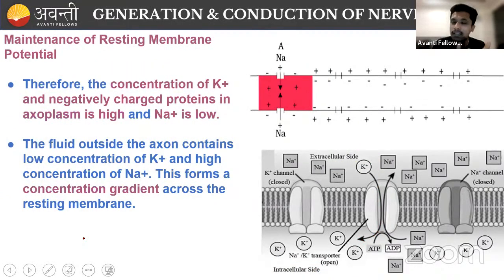Whenever there is a difference in this charge balance, that balance is maintained by the exchange of sodium and potassium ions. How many sodium and potassium ions are exchanged? For every 2 potassium ions, 3 sodium ions are exchanged. Is it clear? For every 2 potassium ions, 3 sodium ions are exchanged. Is it clear? So to maintain the concentration gradient, one second, people.